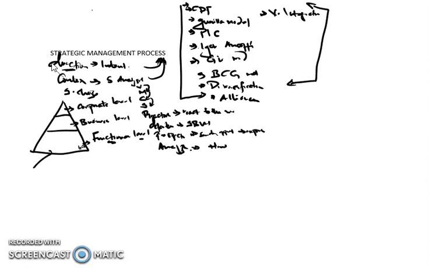Now when you go to functional, since our course is supply chain management, we shall only talk about the outsourcing model. So let me just number this so that I remember them. Okay, so let us start with the CDF model.